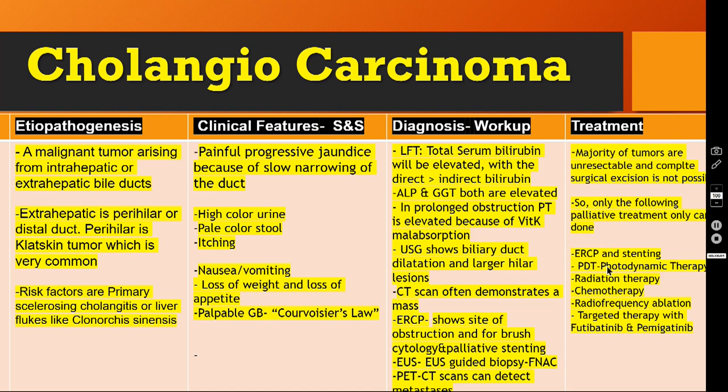We can do ERCP and stenting or photodynamic therapy, radiation therapy, chemotherapy, radiofrequency ablation, targeted therapy with futibatinib or pemigatinib. These are the agents you can use for targeted therapy in cholangiocarcinoma.